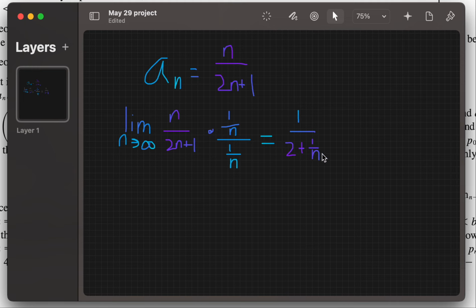And as n goes to infinity, 1 over n becomes 0. So that leaves you with 1 over 2 plus 0, which is just 1/2. So you know the limit of n over 2n plus 1 is 1/2, and thus this sequence does converge to 1/2.